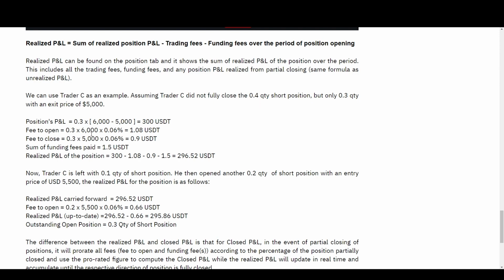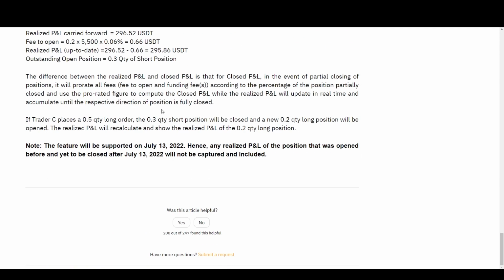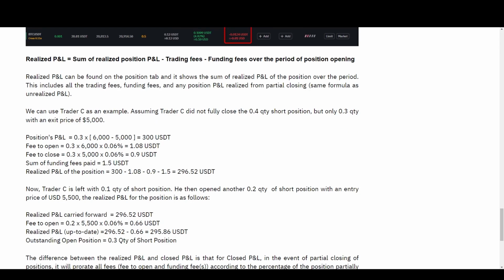if you were to close the position, you would just do your position quantity times this, then your quantity times this. And so that would be your open of the position and your close of the position.